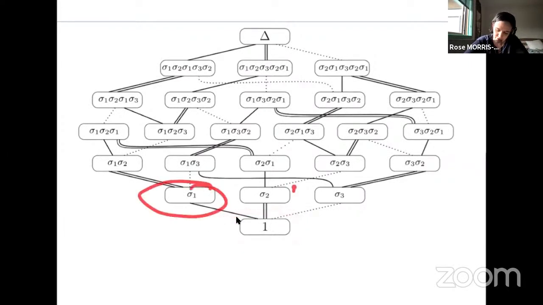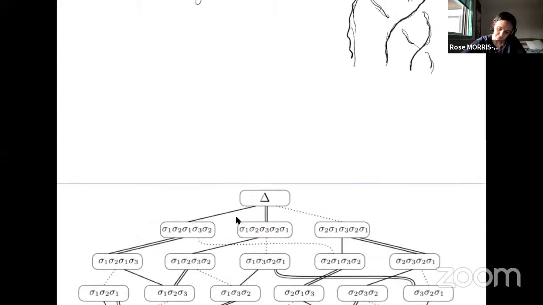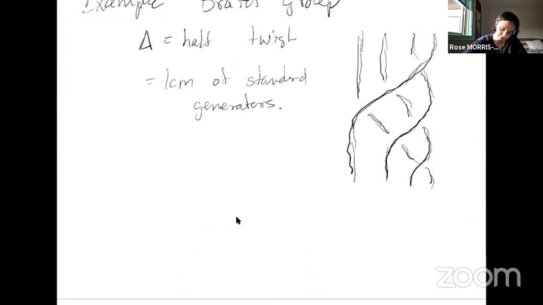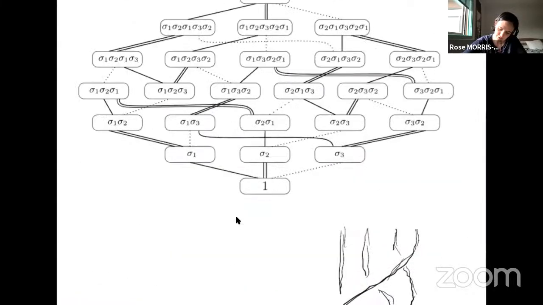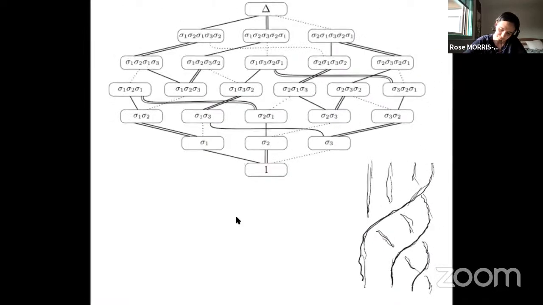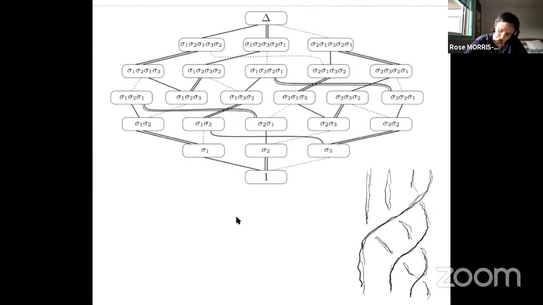These are my 3 generators of my braid group, where I just did one single crossing and the other two strands stay steady.